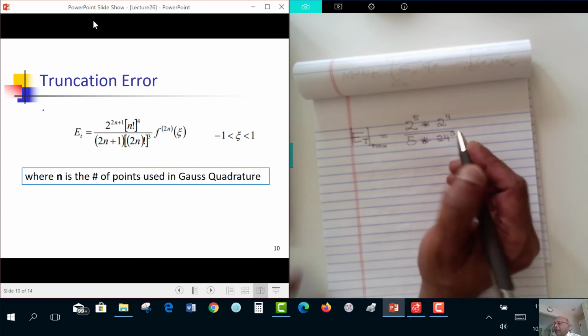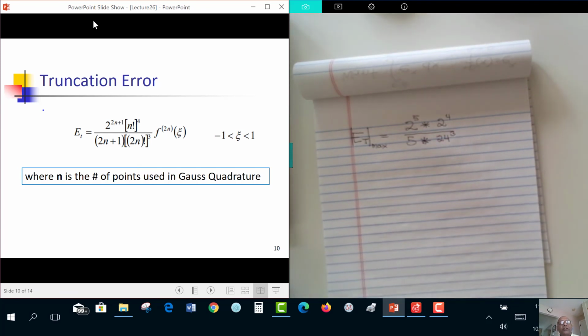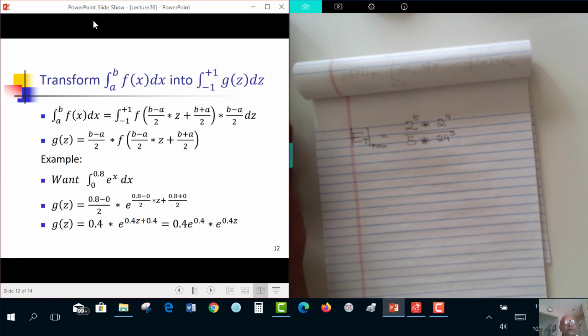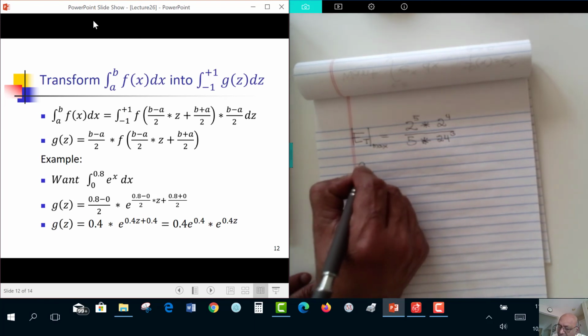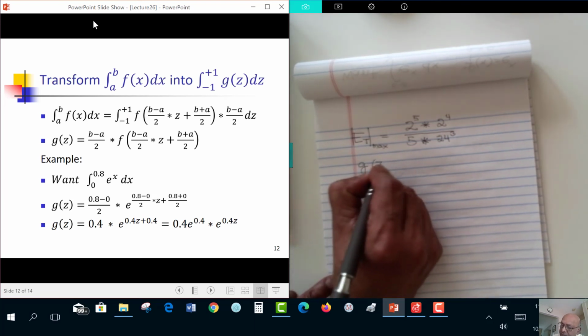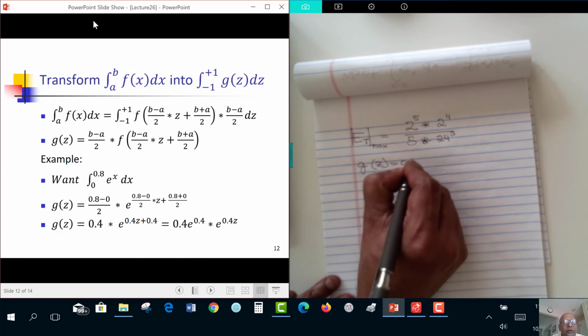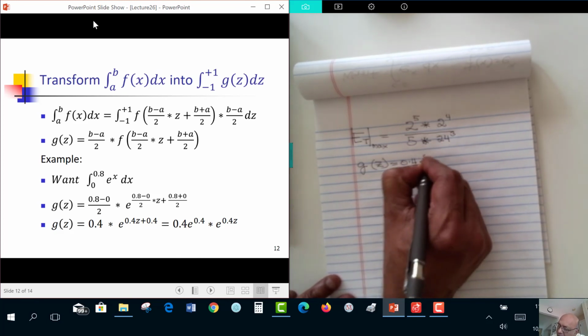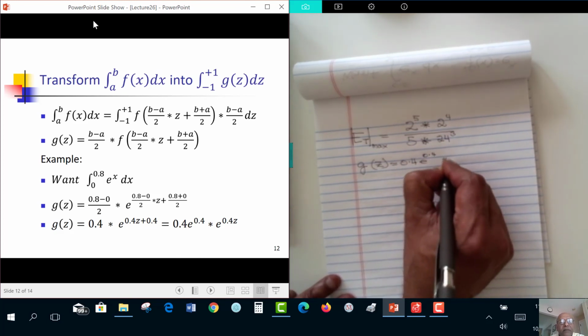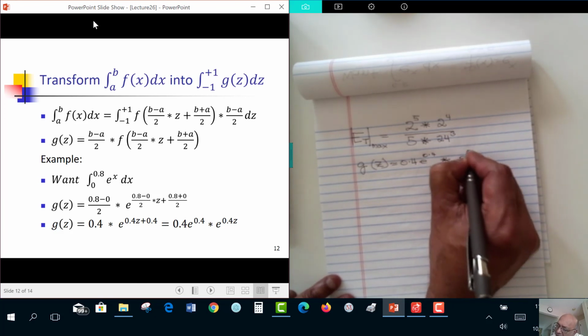And then notice our function was that g, so we need to take a derivative of that. So let's go back to our function. Our function g was 0.4 e to the 0.4 times e to the 0.4 z.